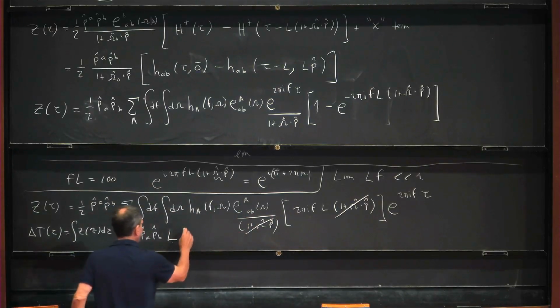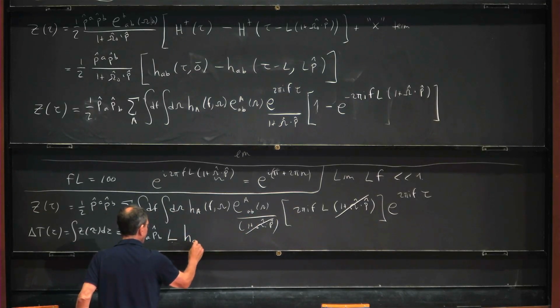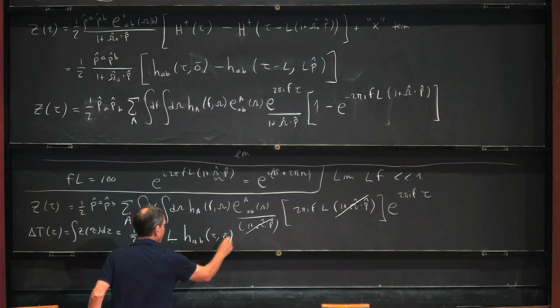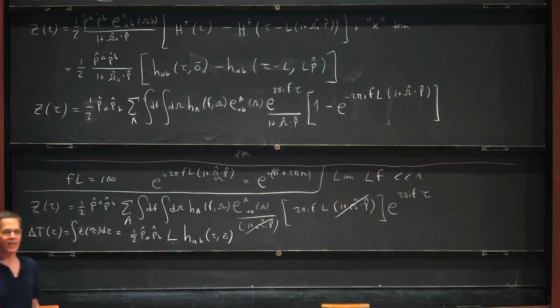But that is just the gravitational wave amplitude, HAB, at time tau at the Earth, which is more or less the formula that Matthias derived on the first lecture.